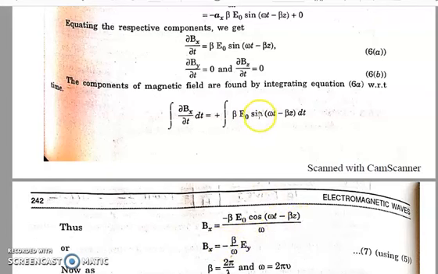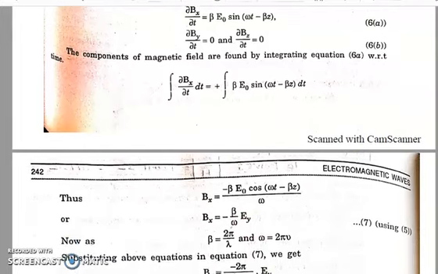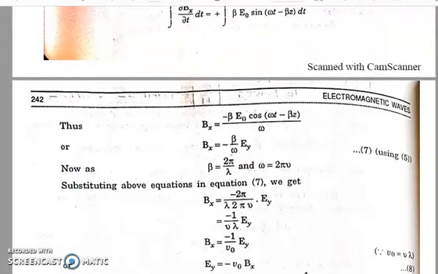Upon integrating, this sine is converted into cos and the whole term is divided by omega, so Bx is equal to minus beta by omega, and this E naught cos of omega t minus beta z is written as Ey, because in the starting we represented Ey as equal to E naught cos of omega t minus beta z.